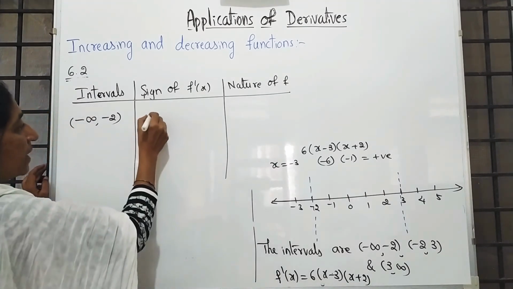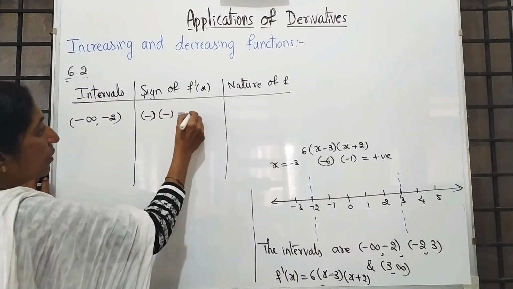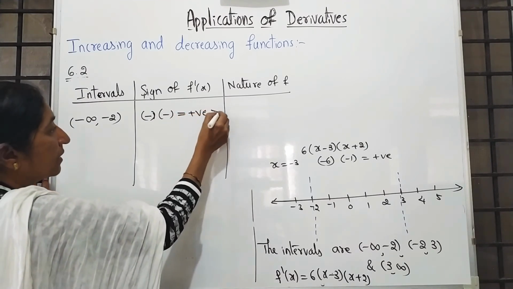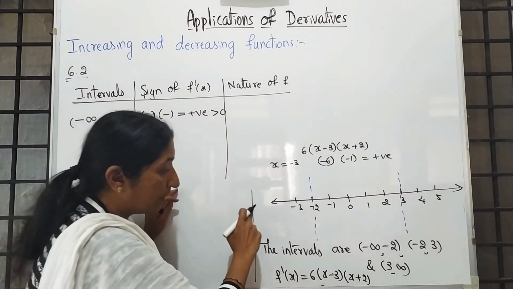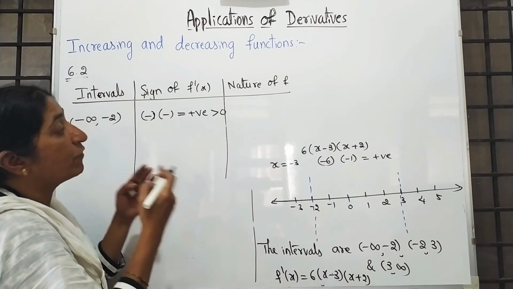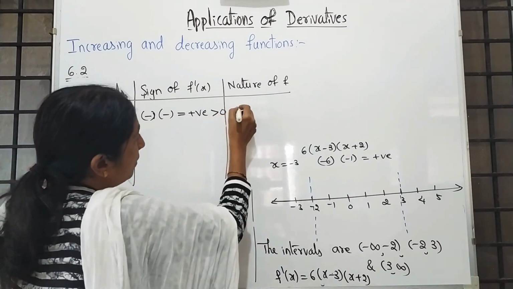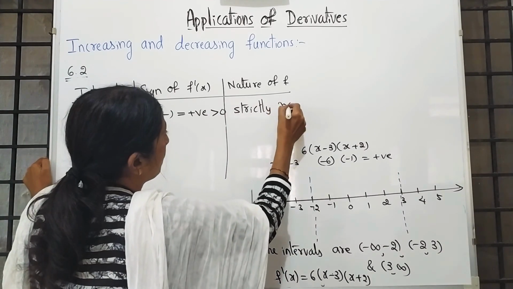So the first bracket is minus, the second bracket is also minus, totally we got plus, that is greater than 0. That means the first derivative is greater than 0, so it is strictly increasing.